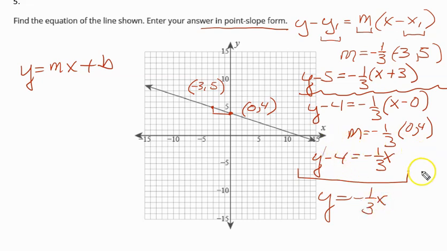Just transpose that negative 4 over as a positive 4. So now, plotting it, it would be a y-intercept of 4, and then a slope of a negative 1/3. So you would go over 3, up 1. Now remember, you could also go down 1 and over 3, whatever technique you're using.